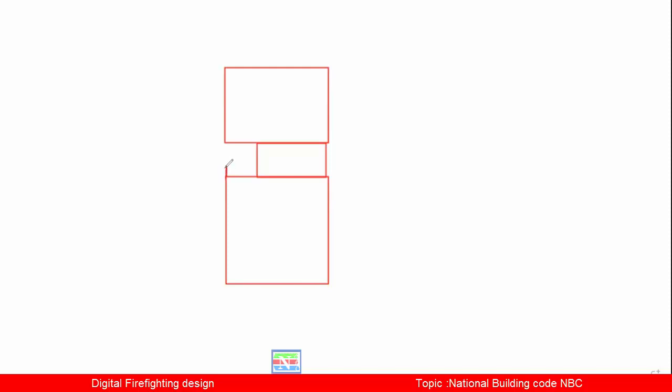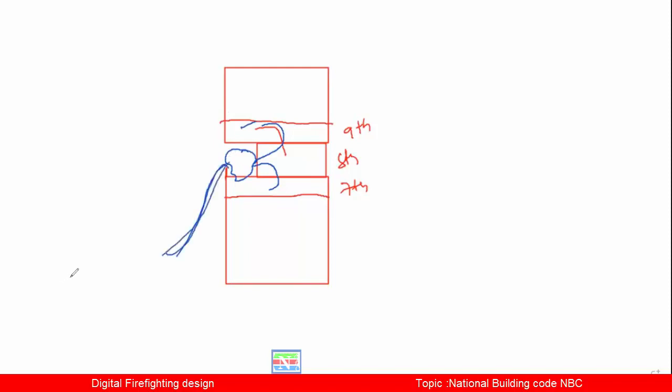Here you will not have openings. Above floor is there, below floor is there. For example, this is 7th floor, 8th floor, 9th floor. In case of fire, people from these 2 floors can come and stay in the refuge area. So this gathering will be there. People from 2 or 3 floors will gather here, and a person can evacuate from there itself. That is called your refuge area.